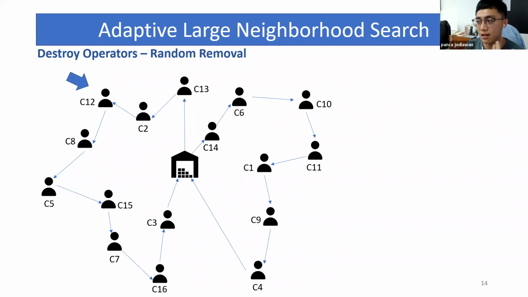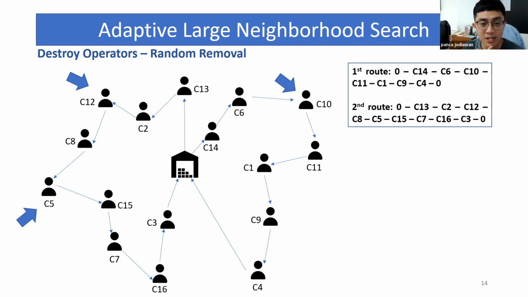Let's say the mechanism randomly selects and you get C12, then C5, and then C10. This is the first route, the complete route that has not been destroyed by the random removal, so the customers are still complete in the route.